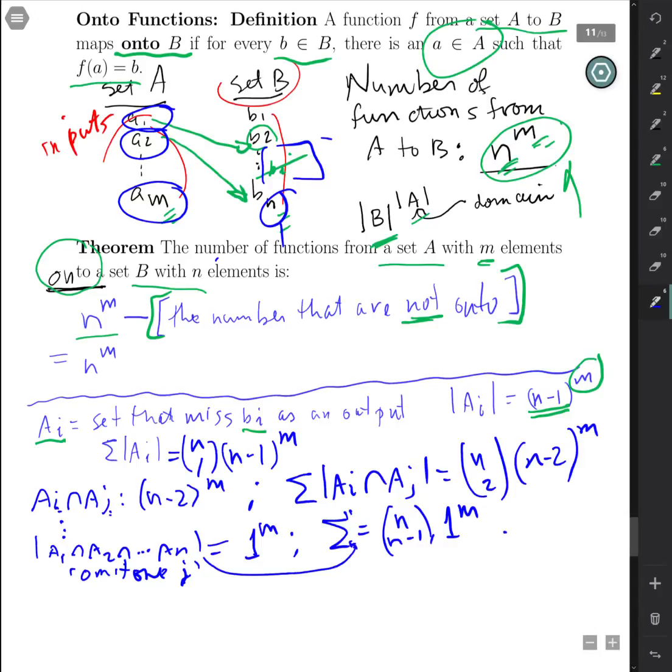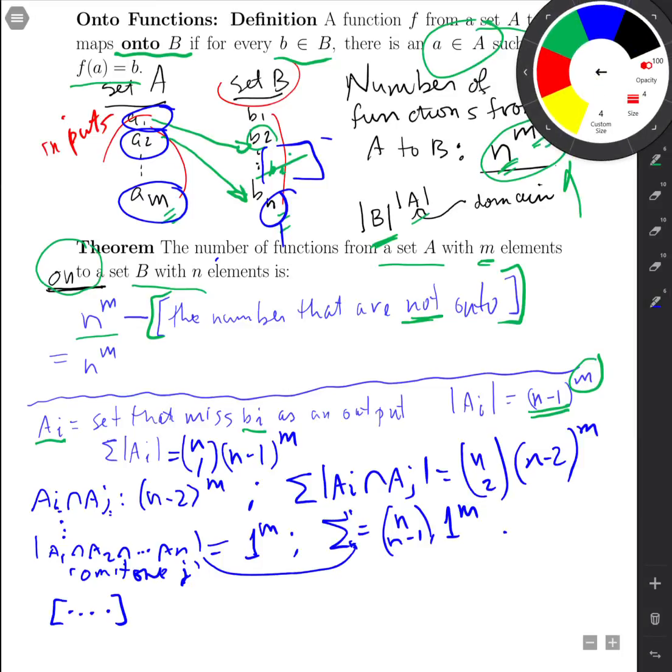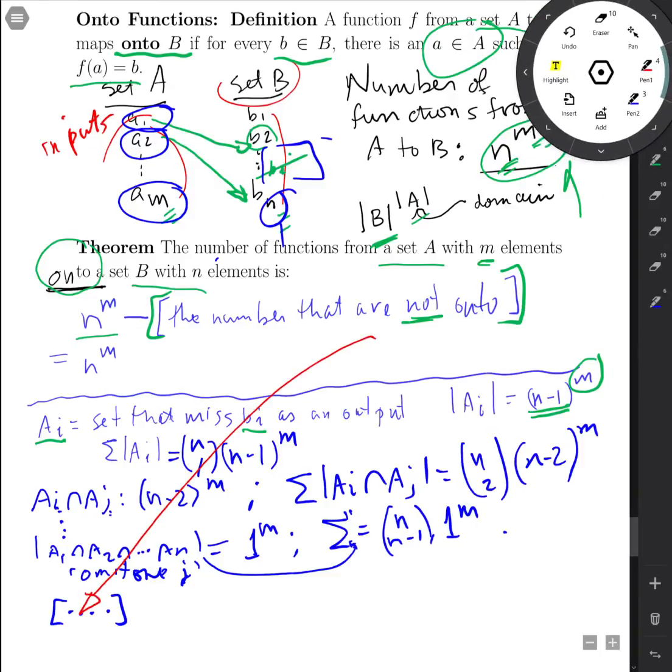That's the idea. So the total things in the bracket that we have above, I'm talking about this bracket here, would be equal to n choose 1, n minus 1 to the m.